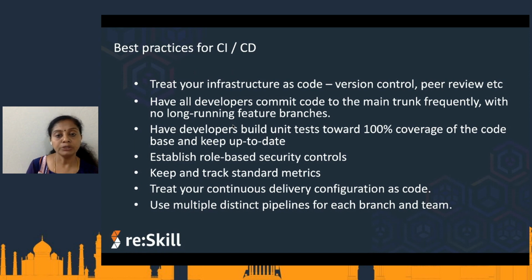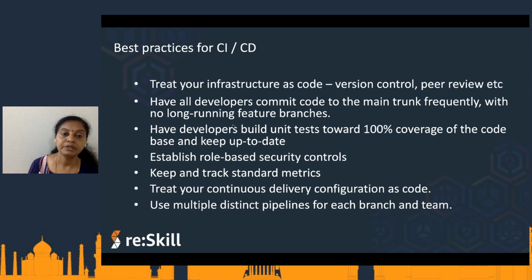Okay. Also, treat your continuous delivery configuration as code. Now you have your pipeline, your CodeDeploy, your CodeBuild project, all that. Remember, if you're creating a pipeline, it's good to create the pipeline per branch, per environment, so different branches, different pipelines.